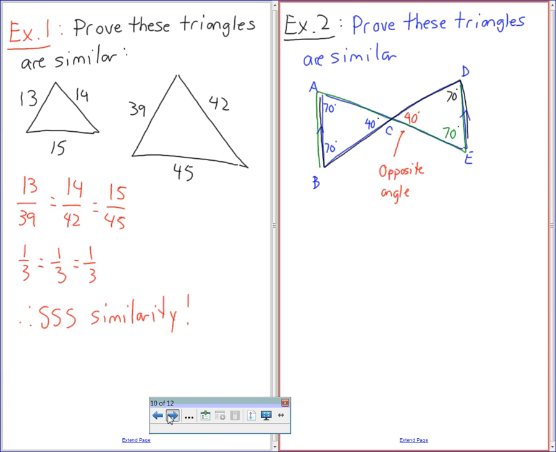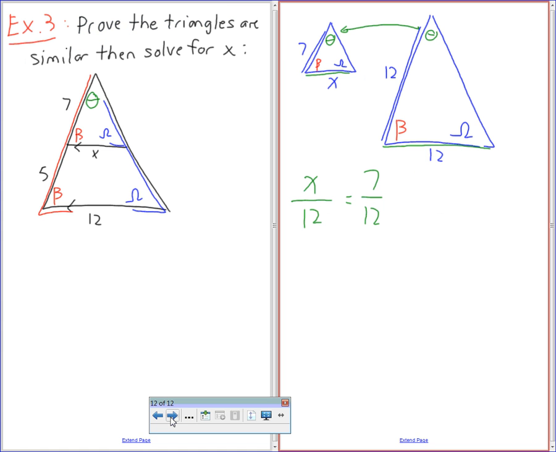Well, it isn't. What I'm saying is the bottom of this triangle is proportional to the bottom of this triangle. The corresponding side to the x is going to be the 12 on this triangle, and the corresponding side to the 7 is going to be the 12 on this triangle.